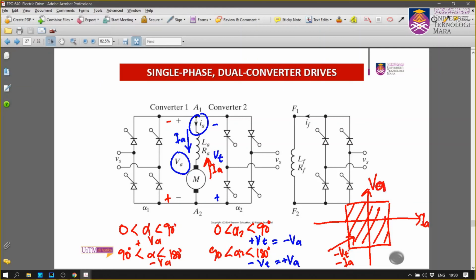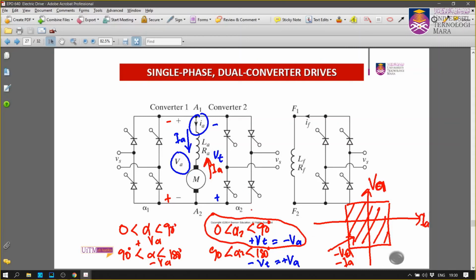VA, minus VA, and you operate with a negative current. So that would be that one. That operation is alpha 2 from 0 to 90, and then you have IA reverse. So this converter should operate.